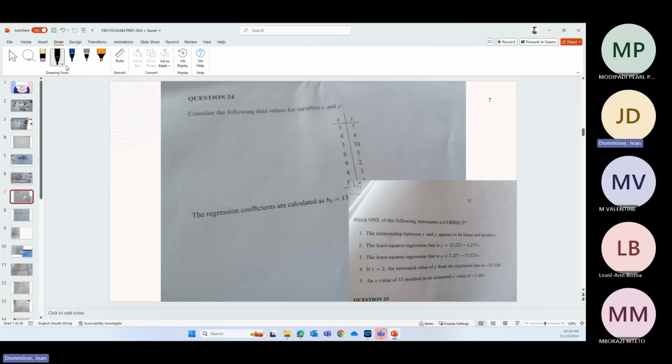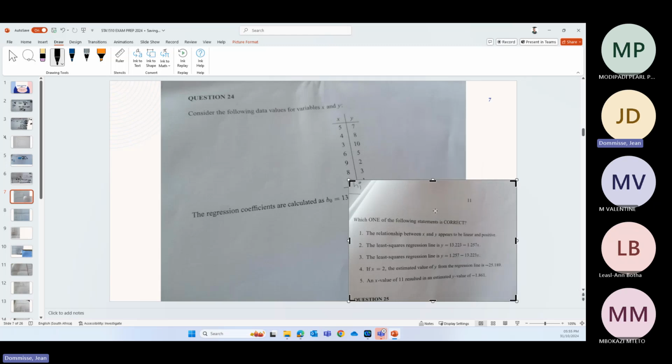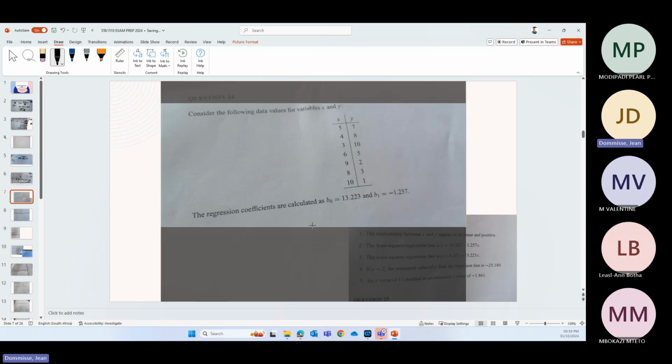Okay, so here's another one with a question set. Again, they give you the data, but they give you the information that goes with it.